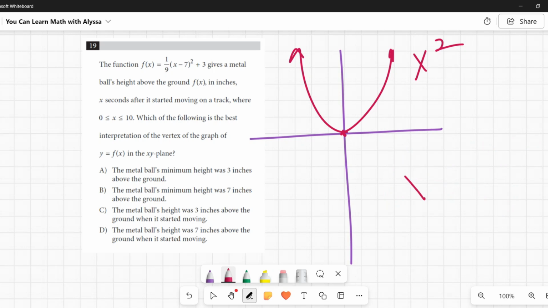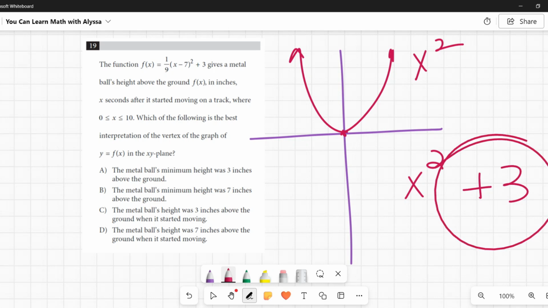So one by one, if you have a negative out front, a negative x squared, it flips it upside down. If you have a number in front of it that is greater than 1, it's going to squish it and make it narrower. If you have a number in front that is positive but less than 1, a fraction, it's going to make it wider. If you have a number outside of the x squared, it's going to move it on the y-axis exactly as you see it.